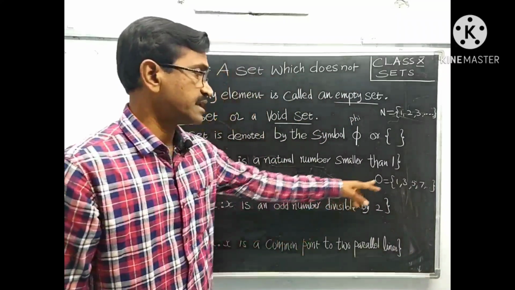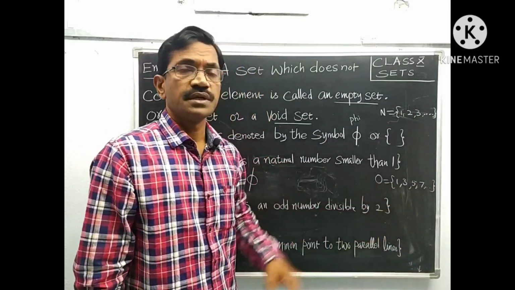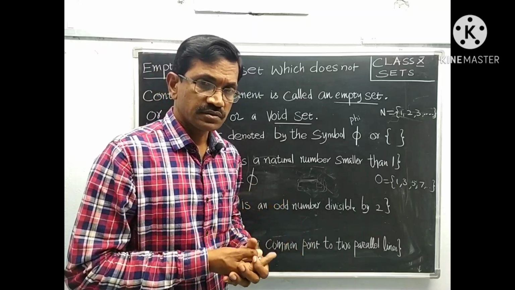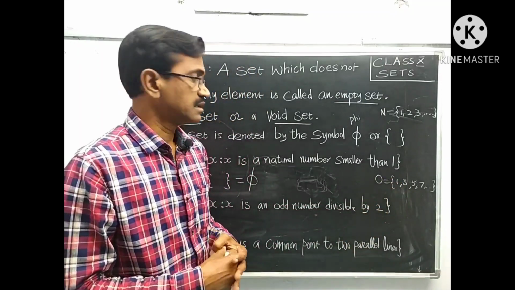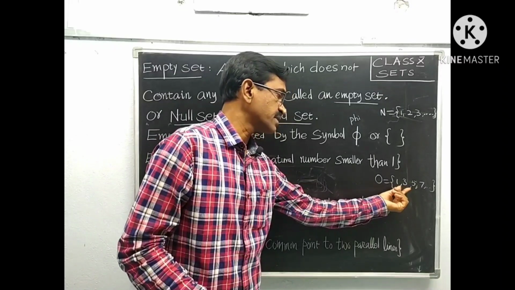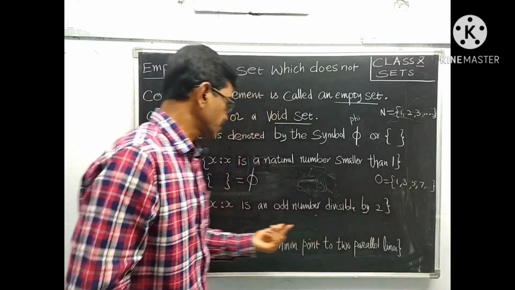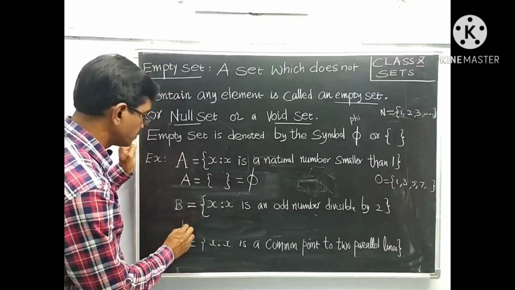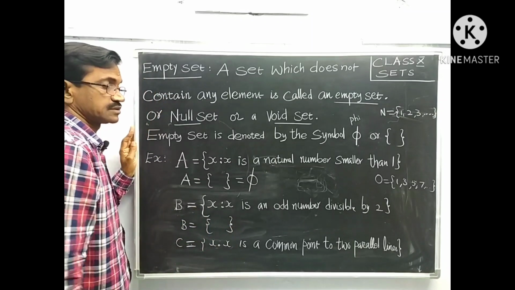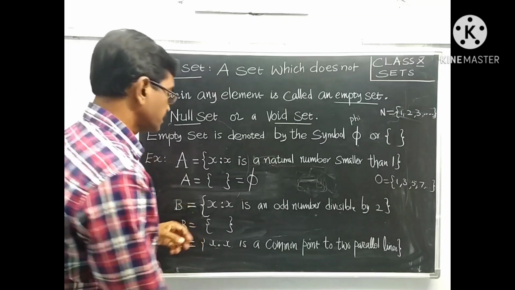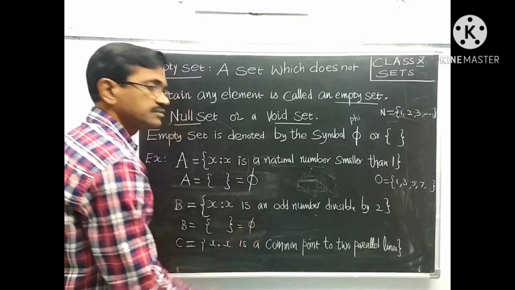If we divide any number by 2, the number leaves remainder 1. So, it is not divisible by 2 completely. So, we cannot get any numbers from this set to write in this set. So, that is why it is also called empty set or is equal to phi.